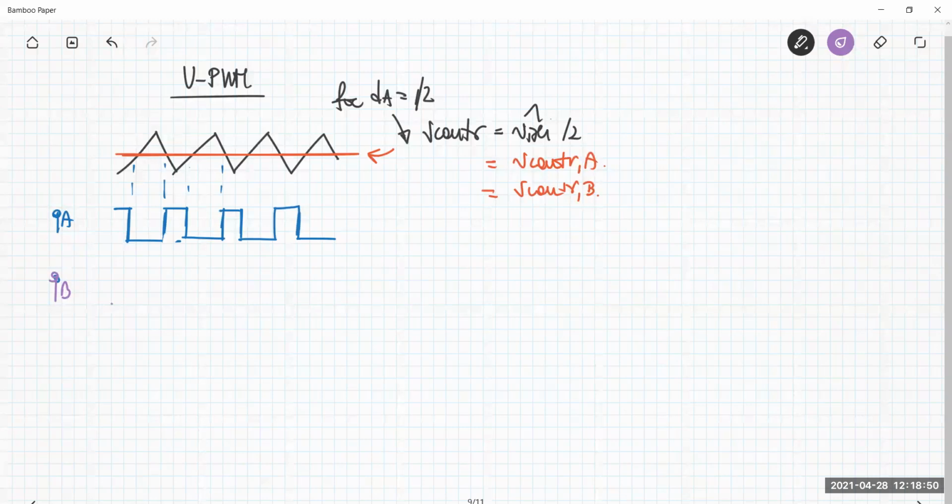QB is obtained by using the same rules, and so you have the same switching function as QA.